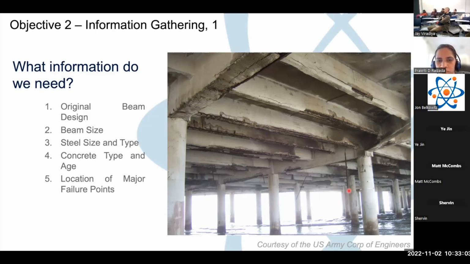There's a piece of steel falling off the reinforced concrete beam, and there's another piece of steel. And then there's another piece of steel. And this is not coming from the top of the concrete. This is coming from what I said was one of the most important pieces of this structure, these beams that we've got. So a lot of important information to know before we start is, what type of steel did we start with?